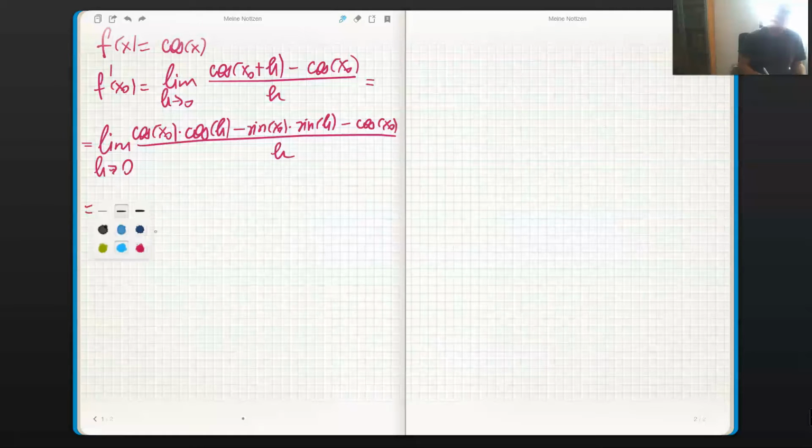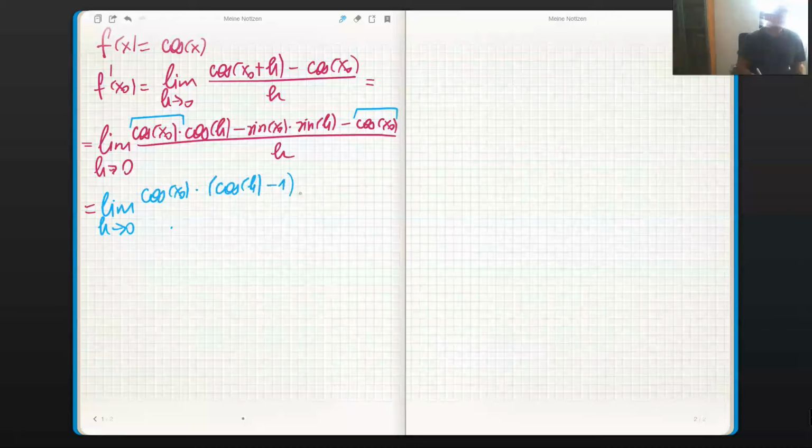So now, as you can see, we are having cosine of x0 here and there, so we're just taking it outside of the parentheses, and we are getting cosine of h minus 1 minus sine of x0 times sine of h divided over h only. And that would be a limit h towards 0.